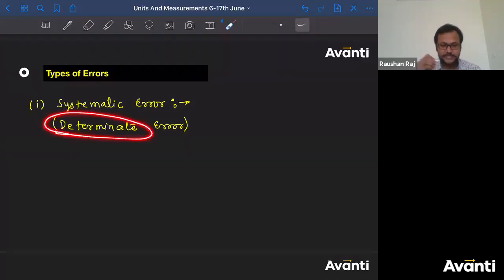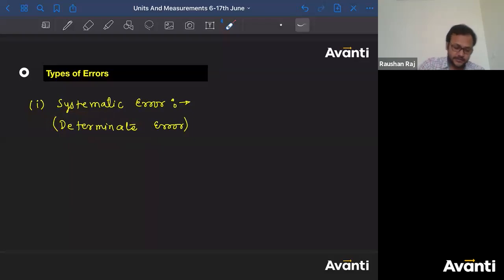With this name you can easily identify. See, this kind of error, the cause or the source, let me write source.